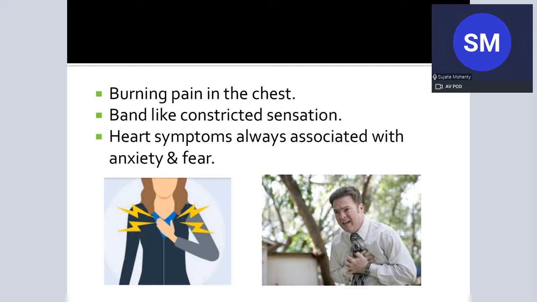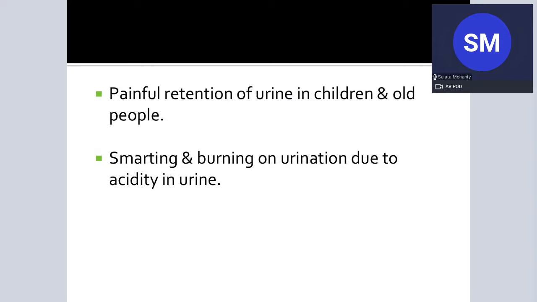for years. There is painful retention of urine in children and in old people. There is painful retention of urine in children when the body becomes chilled, because they are chilly patients. Cold causes many symptoms.